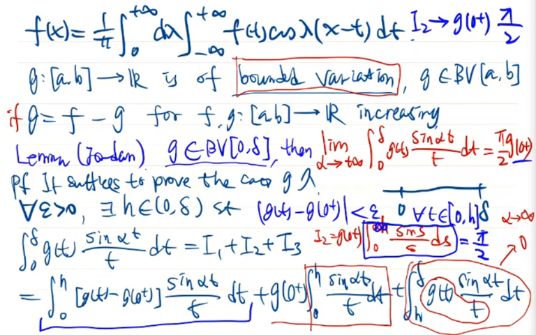But we already know that I3 goes to 0, so we only need to study I1. Okay, we study I1 on the next page. So to study I1, we need the second intermediate value formula for integrals. That is also called the Bonnet theorem. So let's recall the Bonnet theorem.